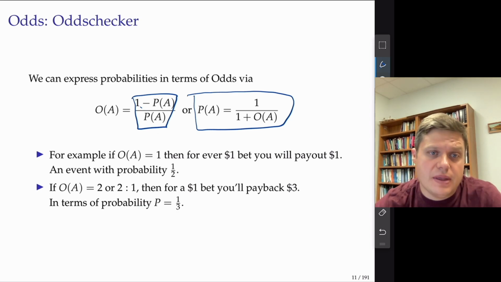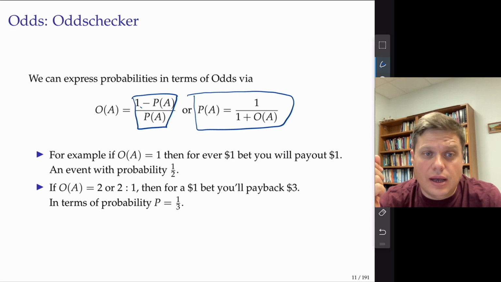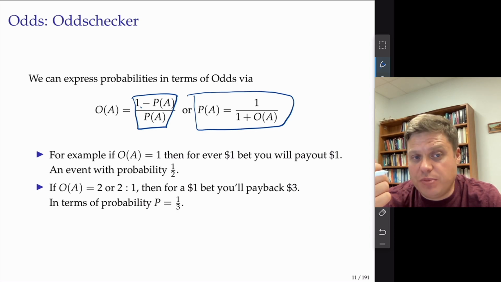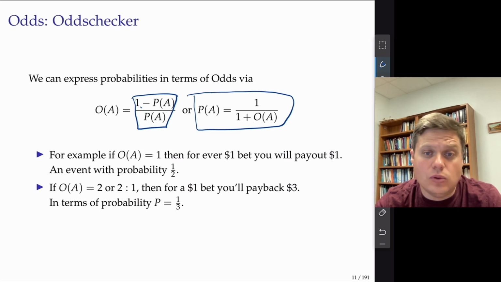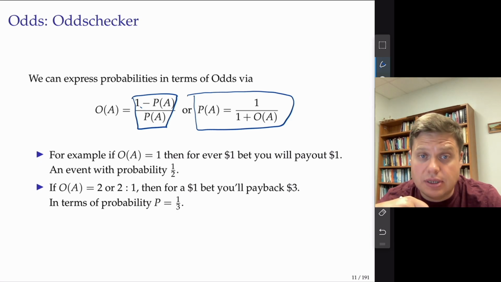And let's look at an example. For example, if odds is 1, then for every dollar you bet, you'll get a payout of 1. In other words, it's an event with probability 1/2. And if you have odds equal to 2, or 2 to 1, then for every dollar you bet, you'll get back the dollar that you bet plus $2 on top of it.